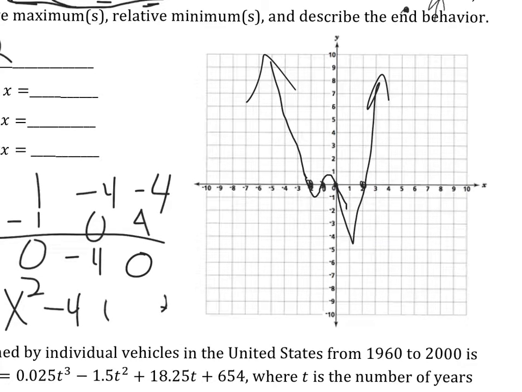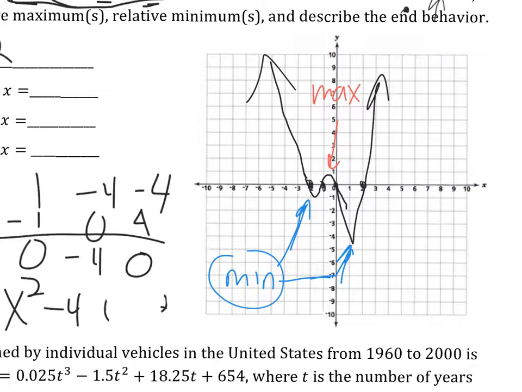All right, so now you've actually got two minimums here. You've got a minimum here and here. You've got one maximum here. You've got 2 points where it changes direction from decreasing to increasing. So that's what you need to calculate.